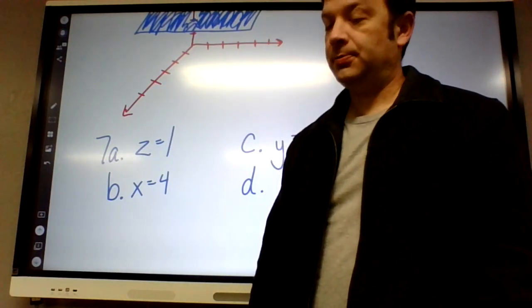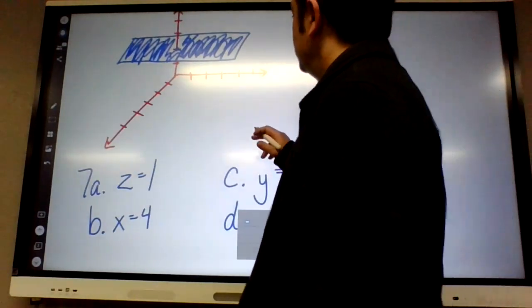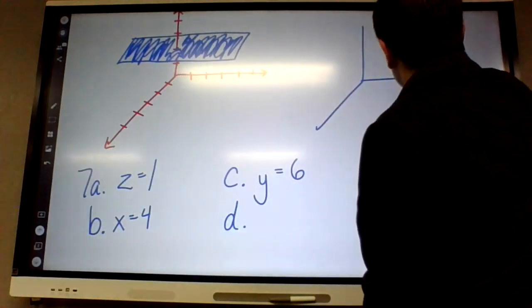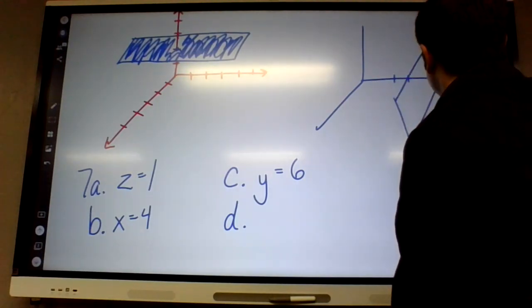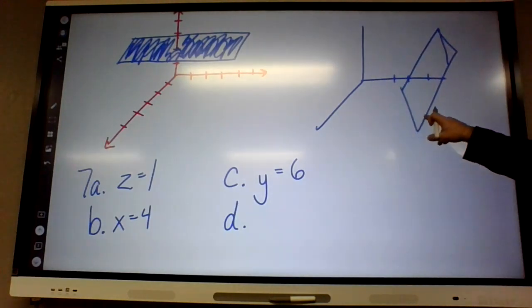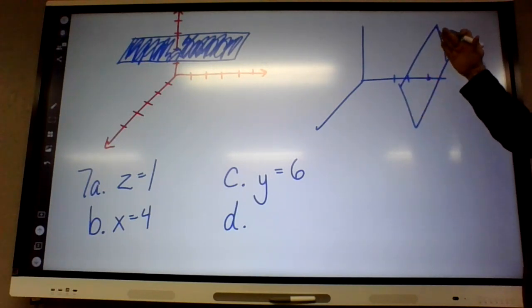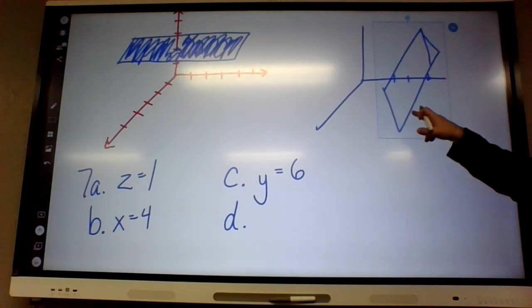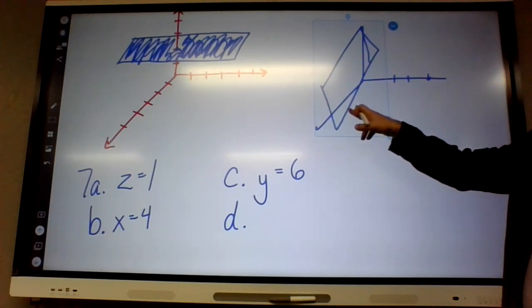Okay. I don't know if I can draw this. Let's grab the picture. So, this plane would be like y equals 3 if it goes through right there. Or this might be y equals 2 or y equals 1. If it's cutting through right there, it's just y equals 0.